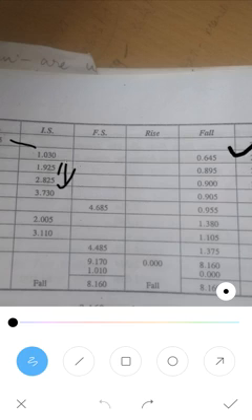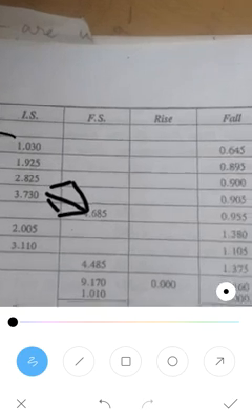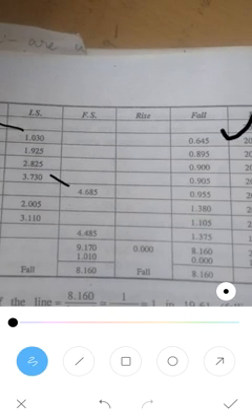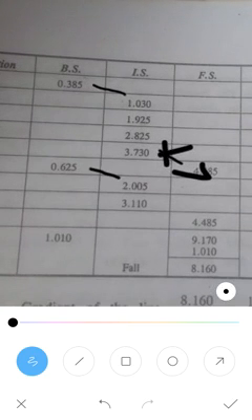After taking this, the movement takes place diagonally. The difference between 3.730 minus 4.685 gives 0.955. After finishing this, you go to this one.